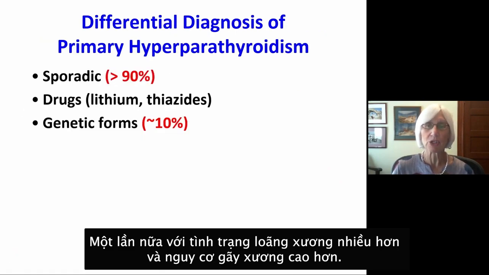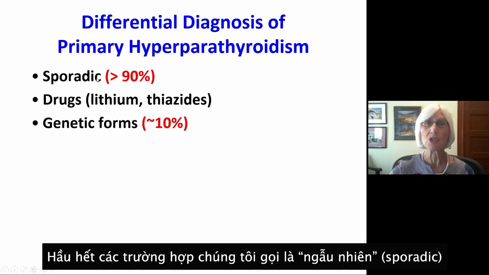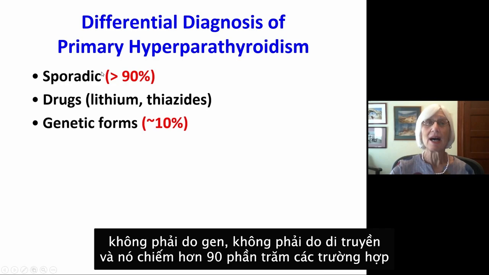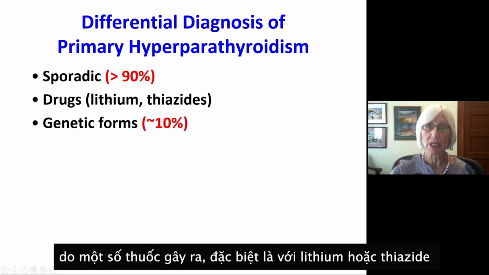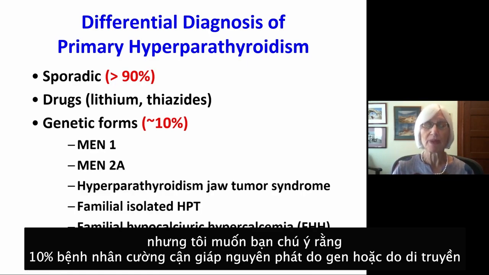Now, there is a differential diagnosis of primary hyperpara that I just want to quickly go through. Most cases are what we call sporadic, not genetic, not hereditary, over 90% of cases. Some are drug-induced, particularly with lithium or thiazides. But I do want to call your attention that 10% of patients with primary hyperpara have a genetic or hereditary form.